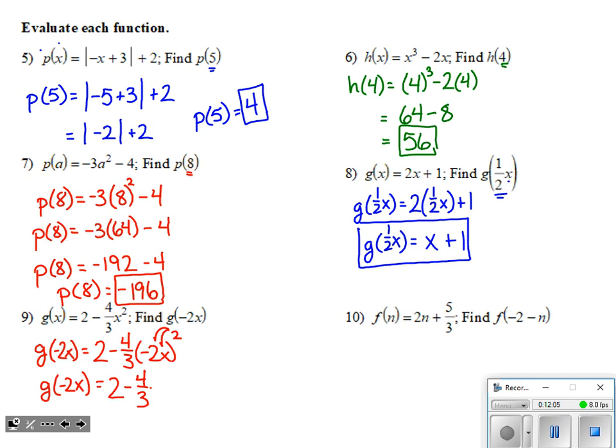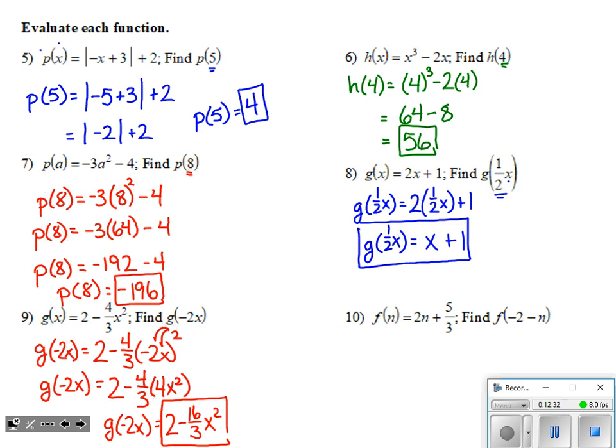So I've got to square negative 2 and square x. And we're ready for our final answer, I believe. Once we multiply that 4/3 times 4, get 16/3 x squared with the 2 minus out front.